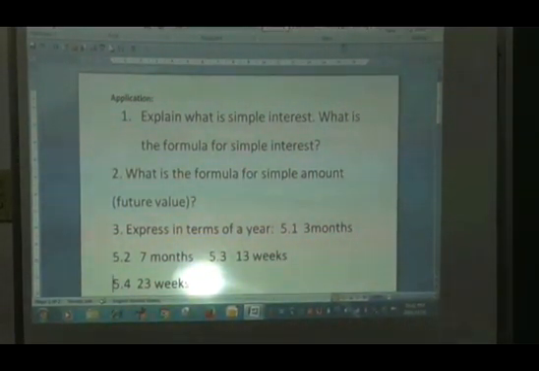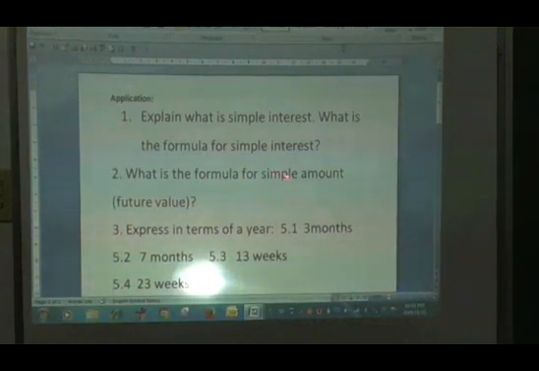Another word for simple amount or amount is future value. So we can say simple amount, future value, or sum. 4 words, 4 different choices we got. Simple amount, sum, future value, or... let's see, what was the 4 now?